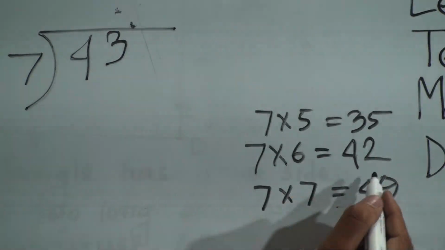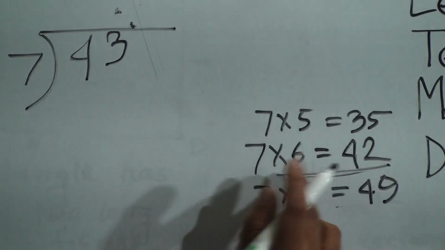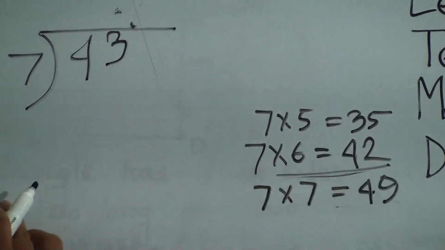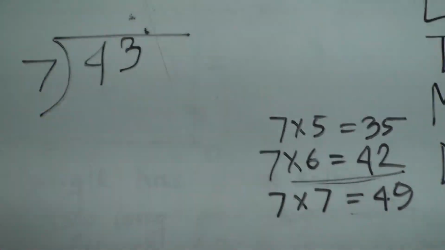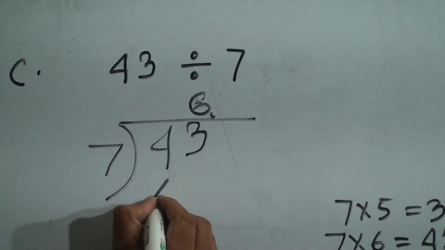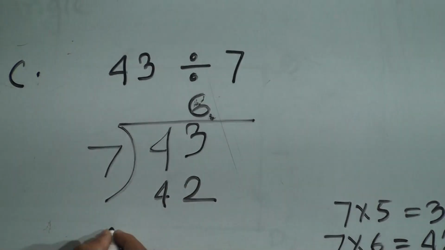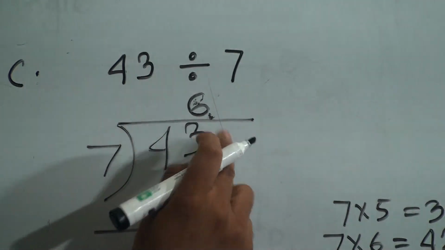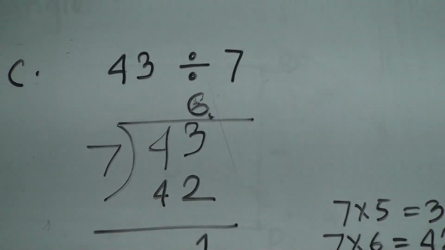So here look, 7 6s are 42 and here is 43. So you have to take 6 here, 7 6s are 42. Now subtract 42 from 43, it will be 1.